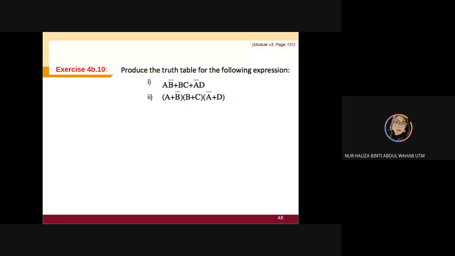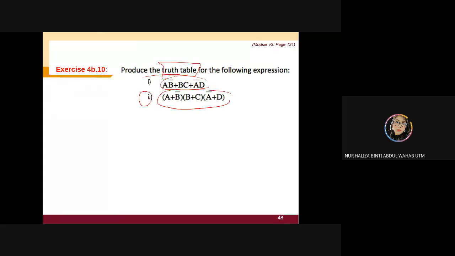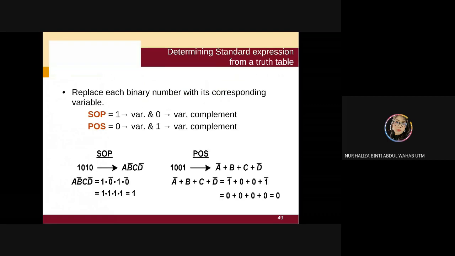There is an exercise here. Please produce your truth table using the SOP here and the POS in example number 2. Okay, please try to do it, and we're going to go to the next one. Determine the standard expression from the truth table.